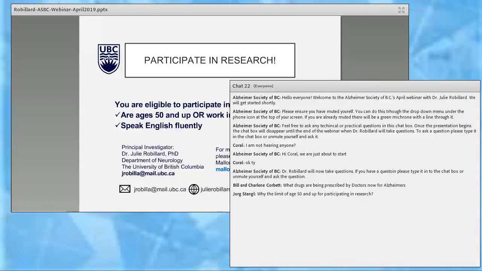I have a second question asking why there is an age limit of 50 and up for participating in research. That's an excellent question. We are looking for people who are 50 years or older to provide some lived experience perspectives to the research project, but we're also interested in the experience of care partners.